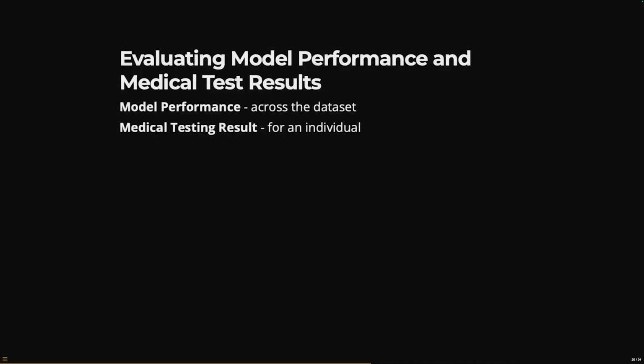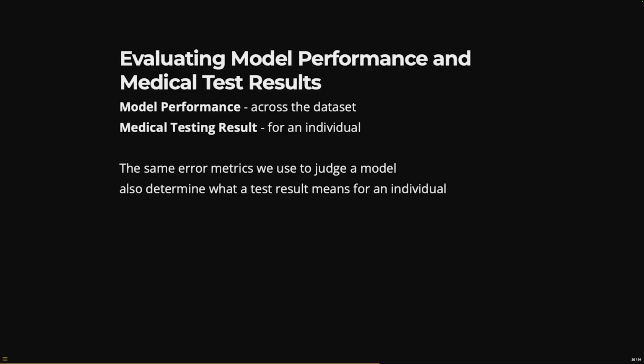Just a summary of those two sections. So we talked about the model performance, which is just looking at the data set and how well it does on that data set. But then we looked at the medical testing, which is kind of applying that to an individual person when they take a test and get a result. So we can use those same error metrics to judge a model to also determine what the test result means for an individual.